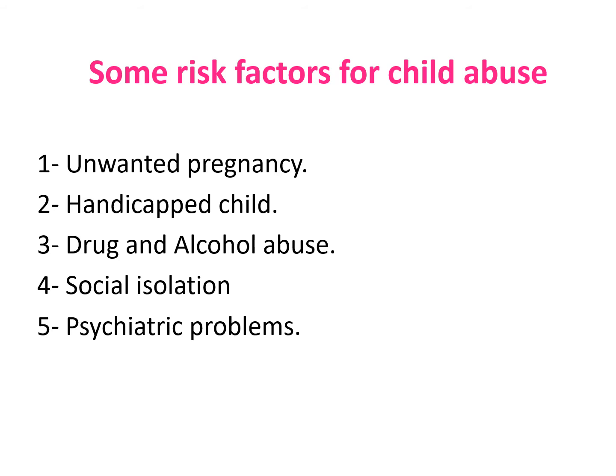Sometimes the caregiver feels social isolation, or has psychiatric problems, which may lead to abusing their children. So the risk factors are unwanted pregnancy, handicapped child, drug and alcohol abuse, social isolation, and psychiatric problems.